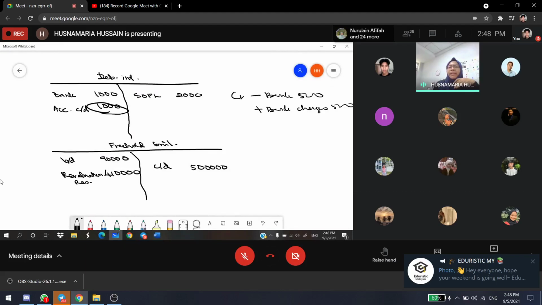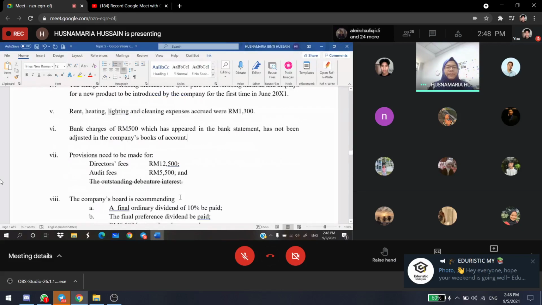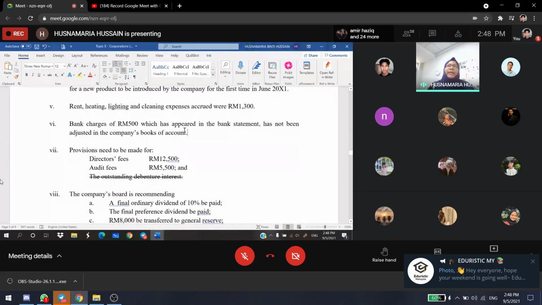Meaning credit bank, debit bank charges. It is an expense account, or we call it bank fees. So this is the double entry, not yet done. So be careful, your bank account will be affected later on. So this is like an omission, an error of omission. It was left out. This provision needs to be made.